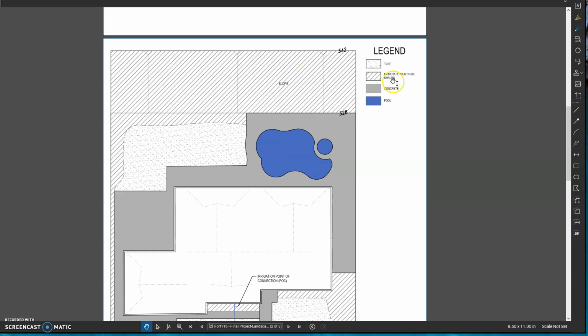I'm the one dictating here in the project that this is moderate water use shrubs, so they're all to be irrigated the same. I didn't want to make it too complex and have low water use versus moderate water use. It's going to be difficult enough for turf versus shrubs, flat versus slope, and all those things that you need to account for.